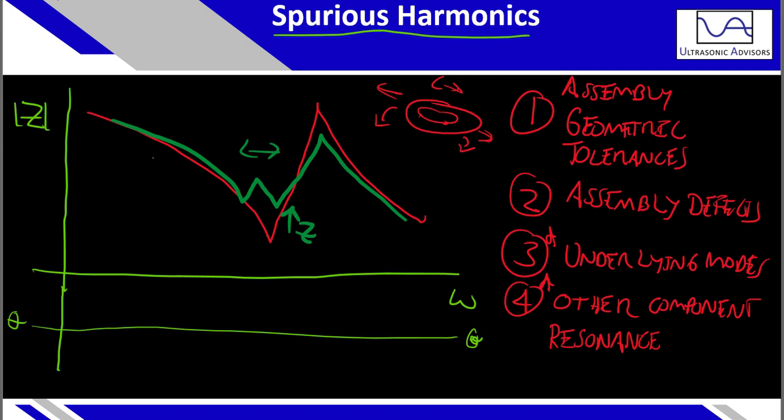And the phase also, we haven't used phase extensively yet, but the phase also shows the spurious nature. Instead of smoothly transitioning from negative 90 to 90 and back to negative 90 degrees when the piezo becomes capacitive again, you have more jagged and irregular behavior, which are related to those other resonant modes.